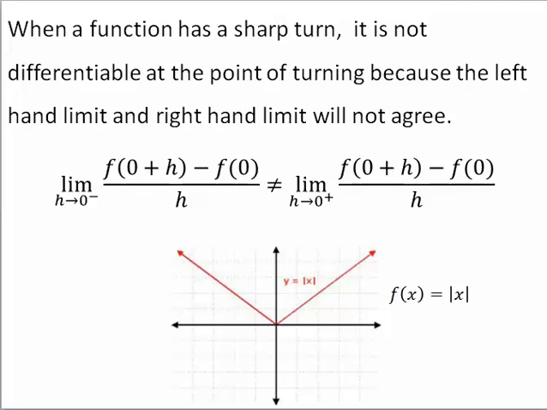And so the limits will be different coming from the left and the right. You might remember that a limit doesn't exist if the left hand and right hand limits don't agree. And so the function is not differentiable at that point.